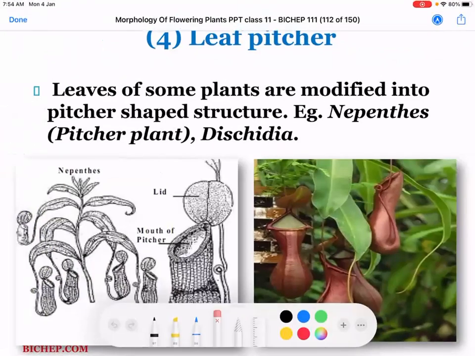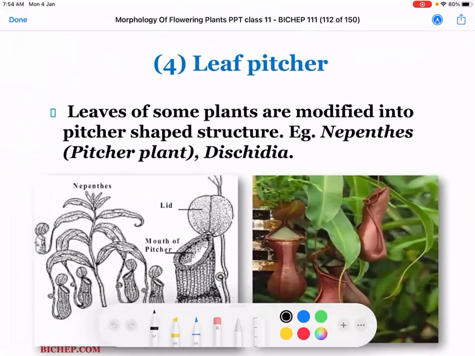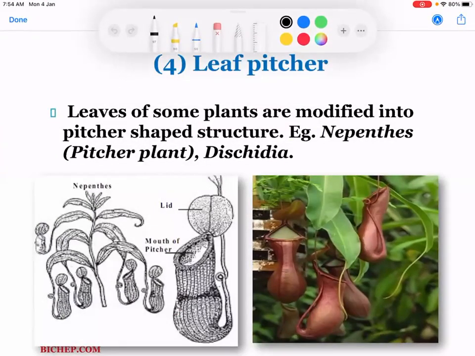Next is the pitcher plant. The leaf is converted into a special modified structure called a pitcher. It is modified into a pitcher-shaped structure. The pitcher plant is the example, and those leaves are known as leaf pitcher.